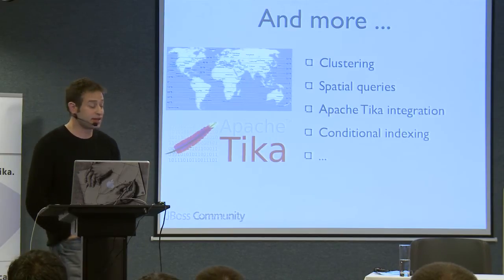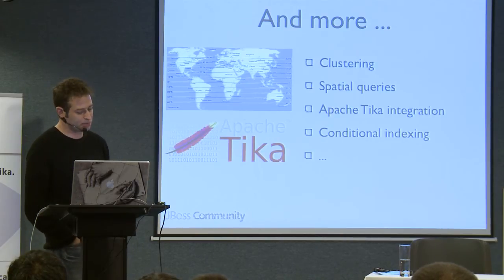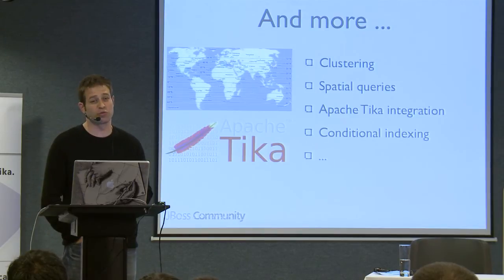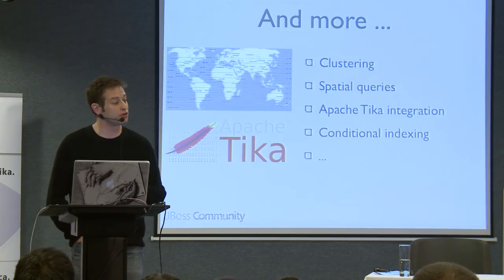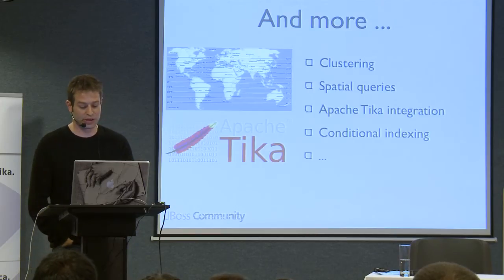It's quite nice, as Tika has filters or plugins for all sorts of document formats: Word, Excel, PDF, MP3, OGG, everything. So if you need to get meta information out of that, Tika is a good place to look.